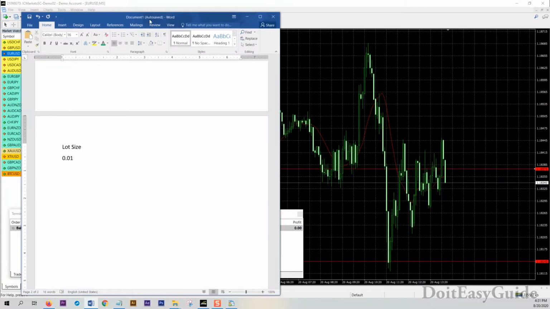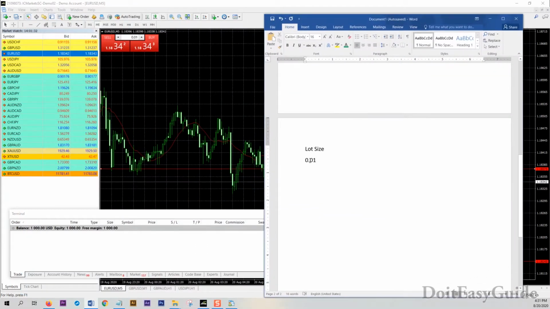This is the smallest lot size you can place here, and you can increase like this, 0.02, and likewise when it's 0.09, then it becomes 0.1. That's 10 times 0.01, 0.1.